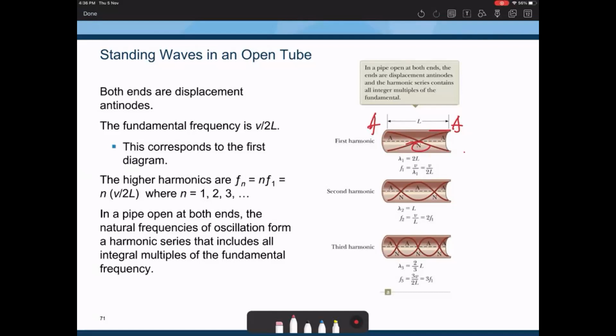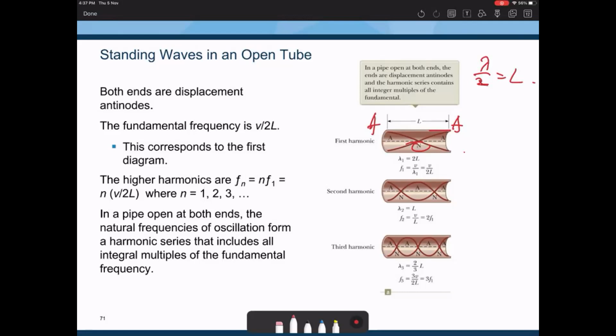And when you have this fundamental oscillation, the length of the tube would then be related to the wavelength of the standing wave. Because you have antinodes at both ends, the distance between the antinodes would be lambda over 2, of course, and that is equal to the length of the tube.